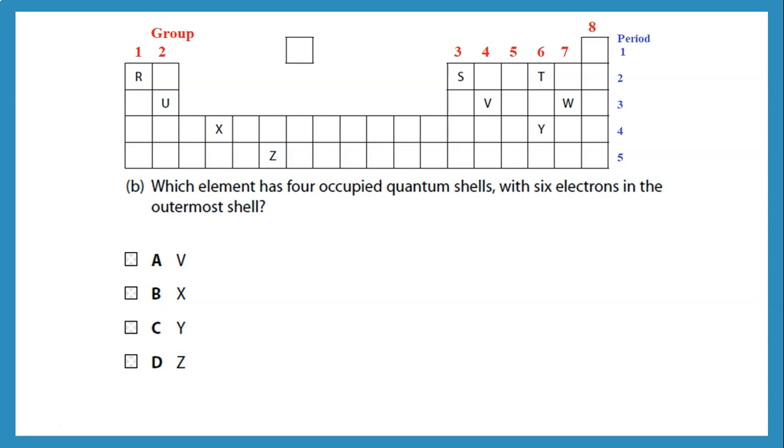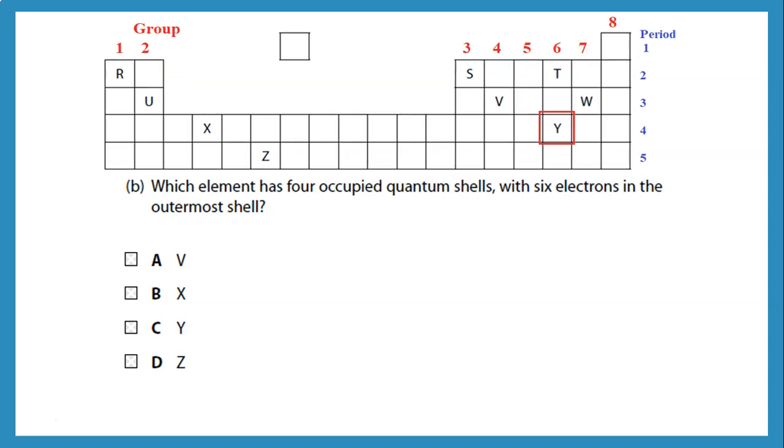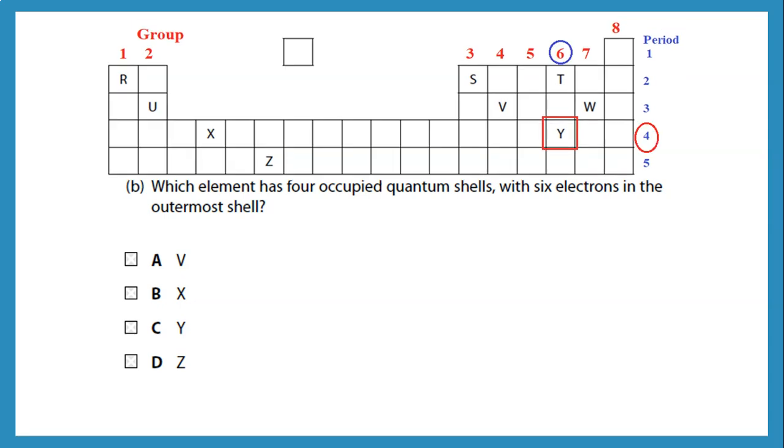That has to be the one in group 6. But also he's saying I want something with 4 shells. And we said the number of shells is determined by the period. So what we're looking at is something in period 4, so that it has 4 shells, and in group 6, so that it has 6 electrons in its outermost shell. And that is 1.